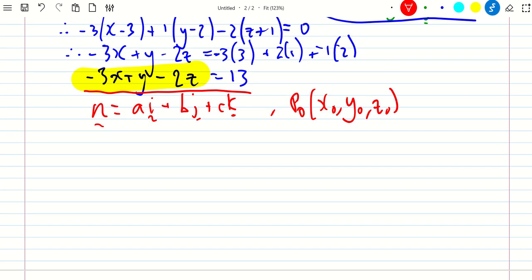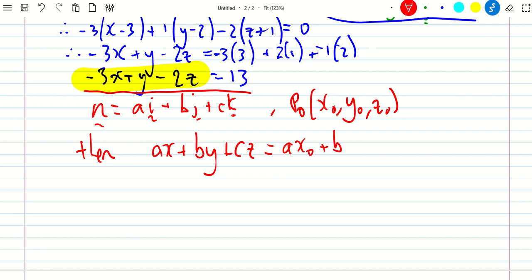If you've got those two, then the equation of the line, the equation of the plane, keep saying that, will be ax plus by plus cz. That was our algebra component on the left-hand side. It's going to be equal to a times x0 plus b times y0 plus c times z0.